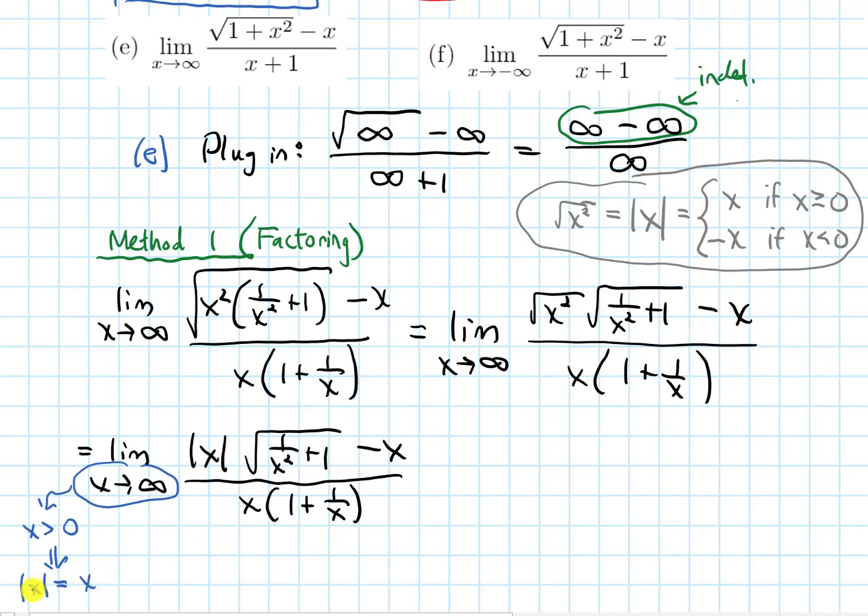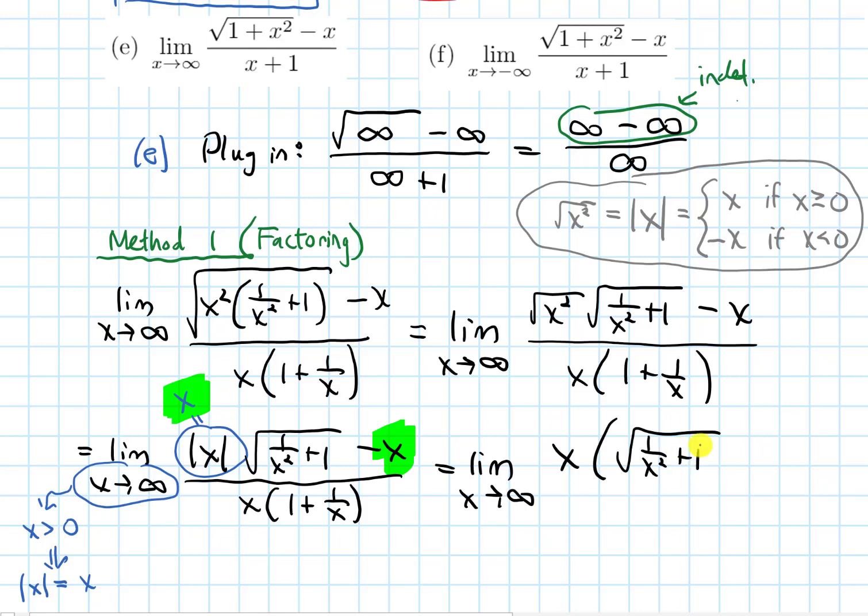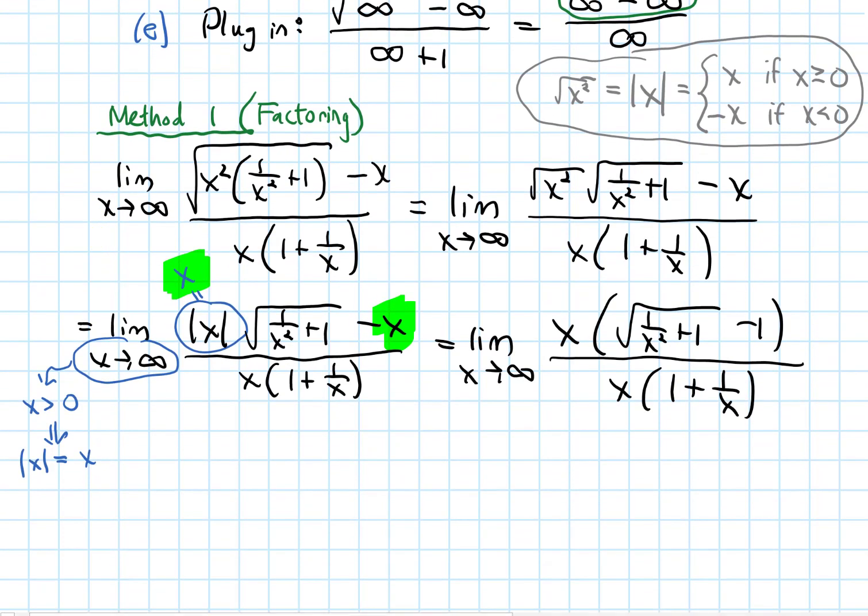Now I see an x here and an x here, so I can factor out that x, which leaves the square root of 1 over x squared plus 1, minus 1, over x times 1 plus 1 over x. Now I can cancel those x's that I factored out.